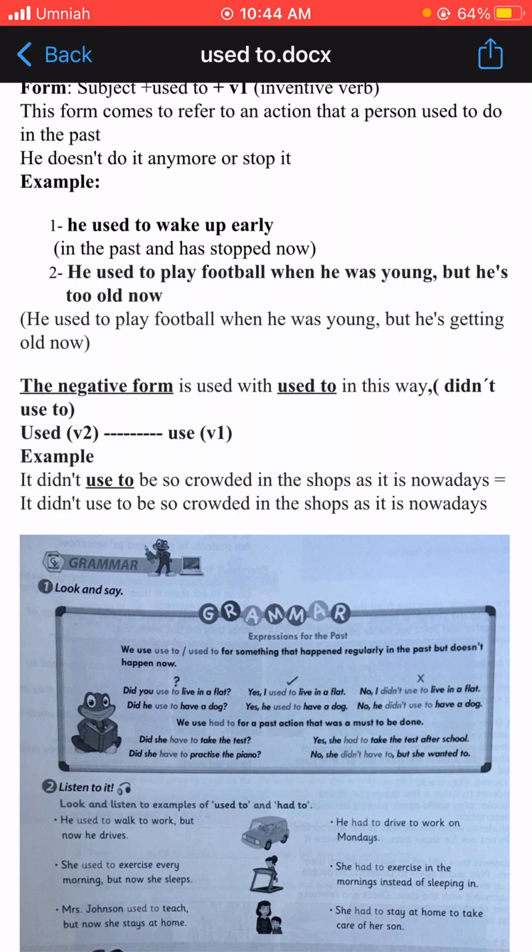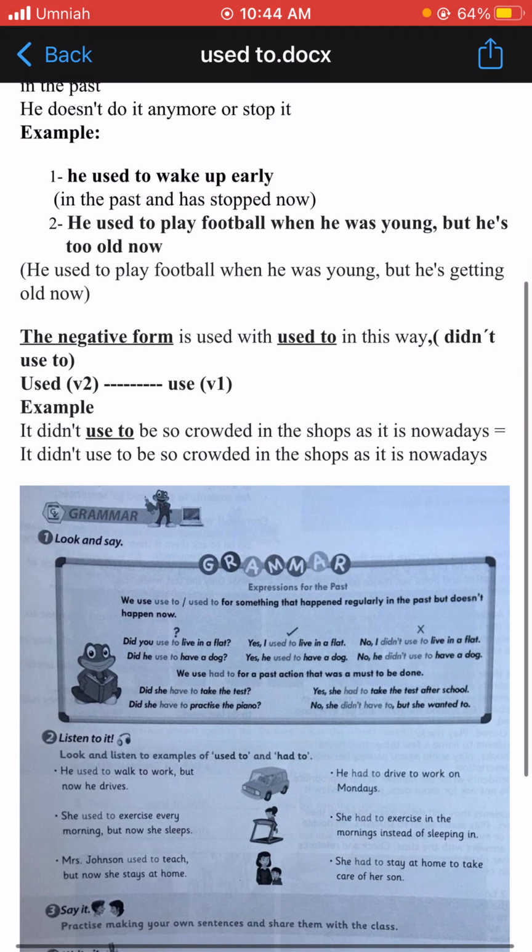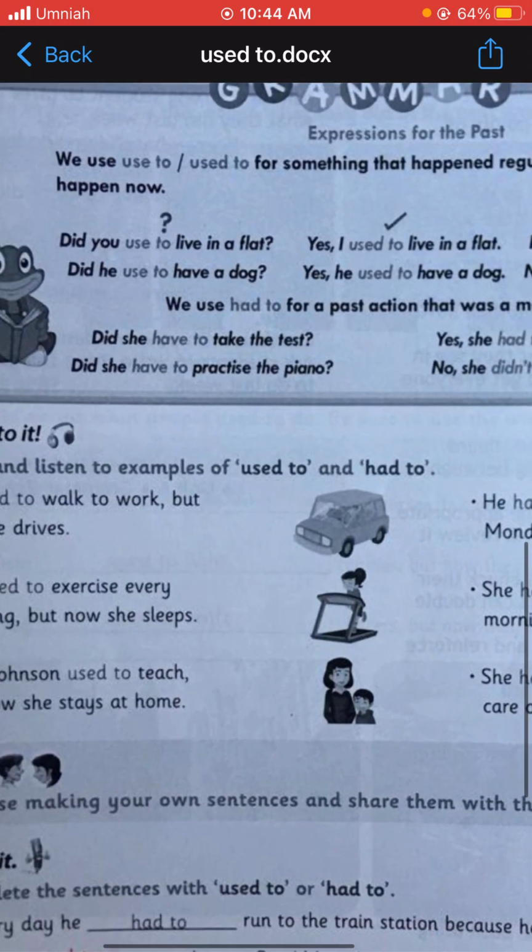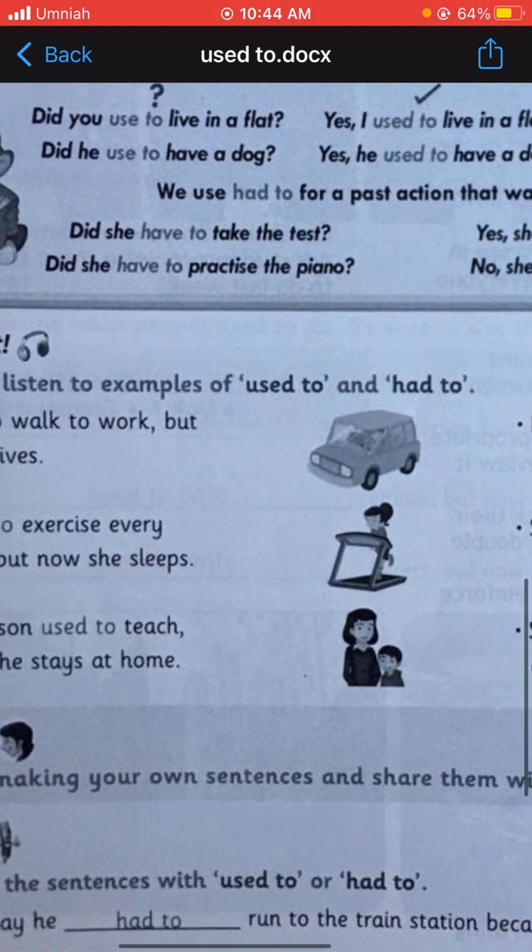So it didn't use to be so crowded in the shops as it is nowadays.